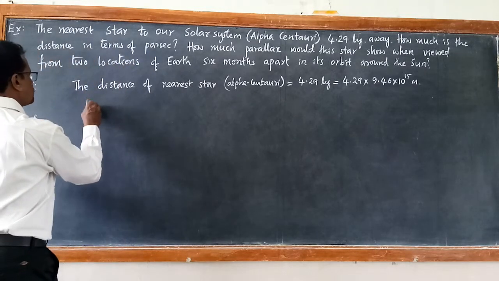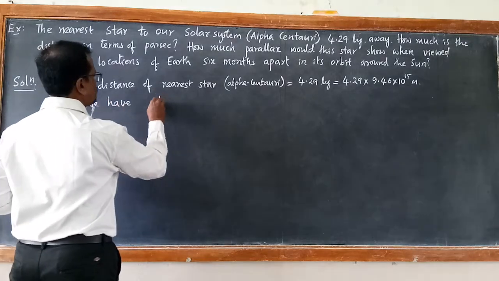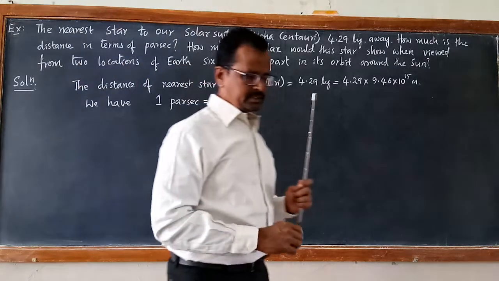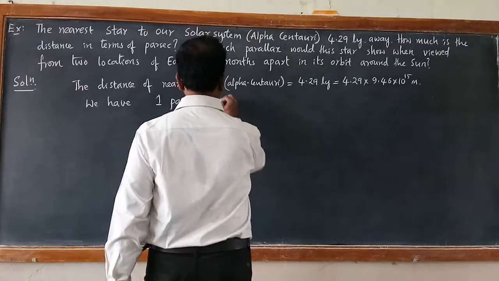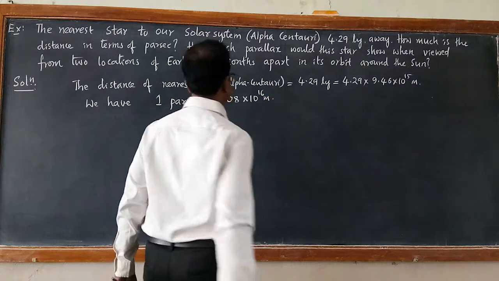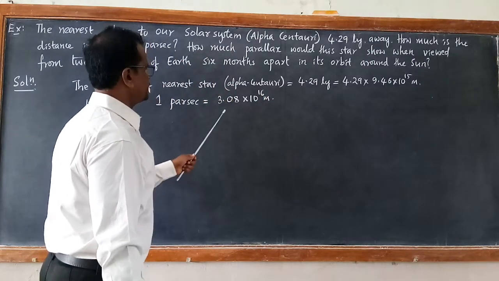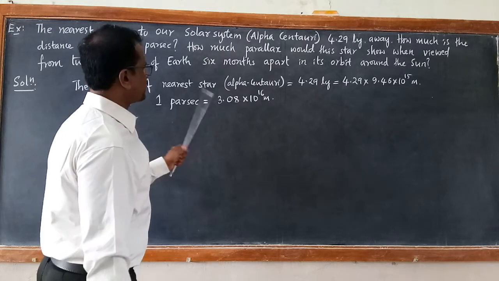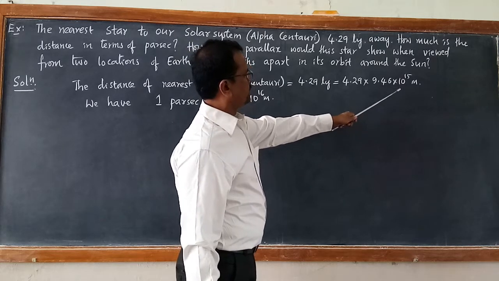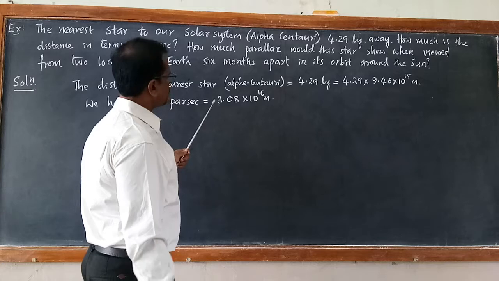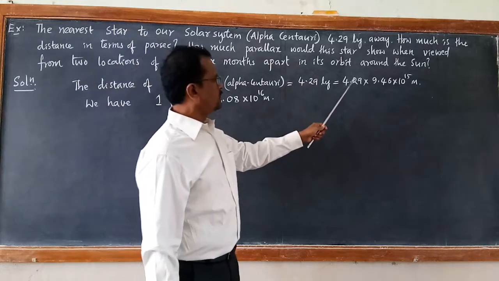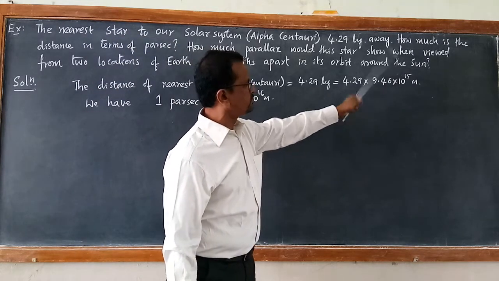Now we have 1 parsec equal to 3.08 into 10 to the power of 16 meter. Then you can calculate 4.29 into 9.46 into 10 to the power of 15 meter equal to 4.29 light years. Or you can say 3.08 into 10 to the power of 16 meter equal to 1 parsec. Therefore, 4.29 into 9.46 into 10 to the power of 15 meter equal to how many parsec?